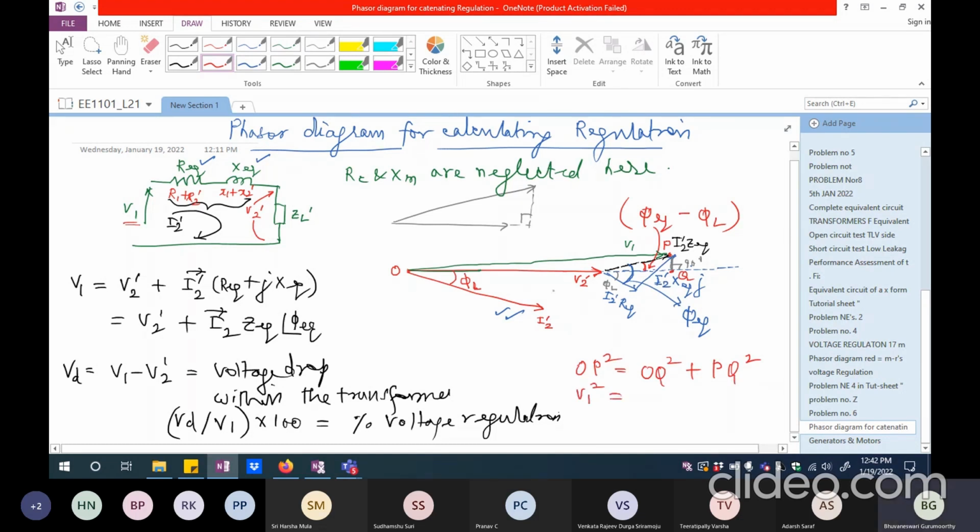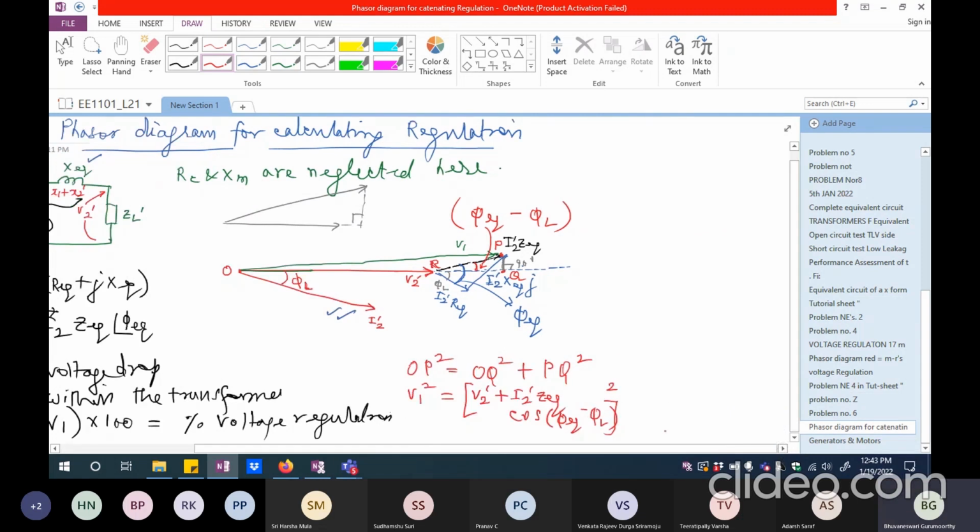OQ I can write as two components: one is V2 dash, plus I2 dash Z equivalent with the angle phi equivalent minus phi L. So RQ is the adjacent side of this right angle triangle, which I can write as I2 dash Z equivalent multiplied by cos of phi equivalent minus phi L. This whole thing squared corresponds to OQ square.